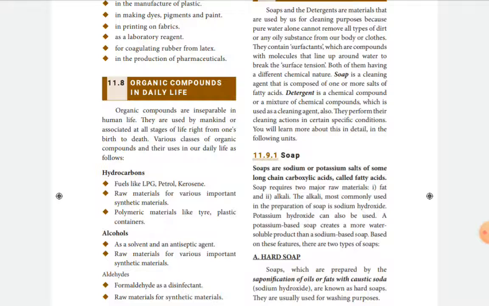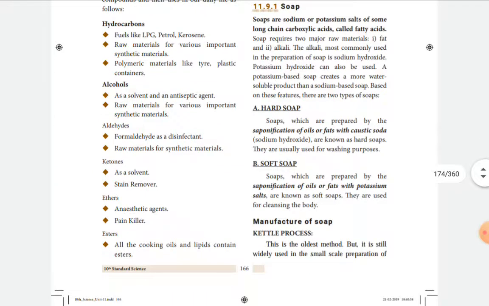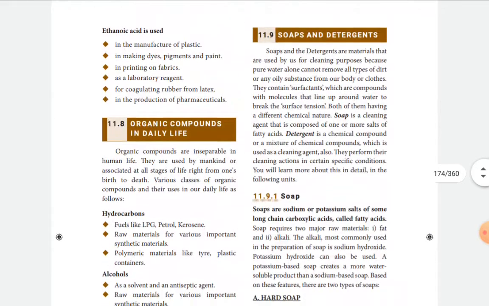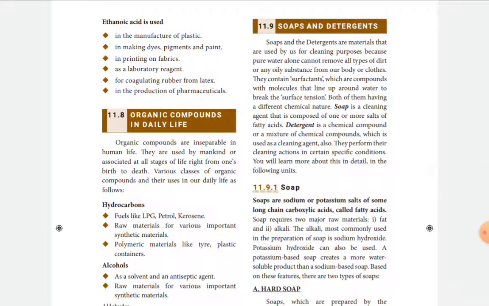Also ethanoic acid, the manufacturing method, physical and chemical properties. So in the organic compounds in daily life, we learned about the uses of hydrocarbons, alcohol, aldehyde, ketones, ether and ester. Now we are going to study soaps and detergents.